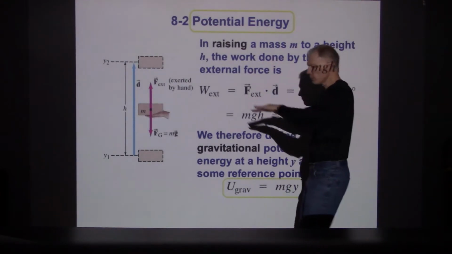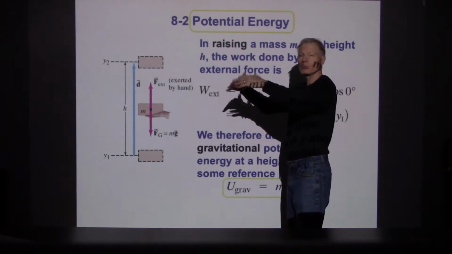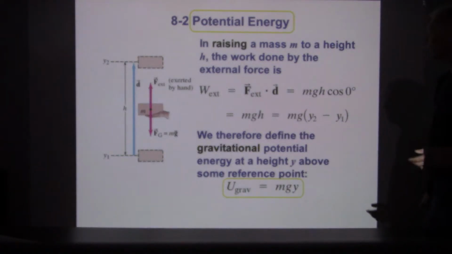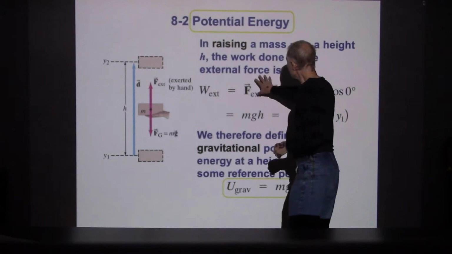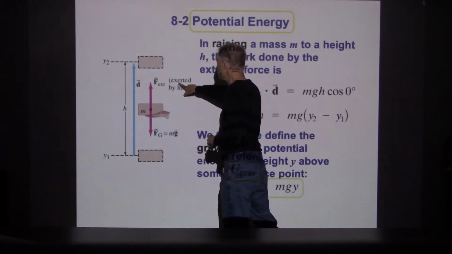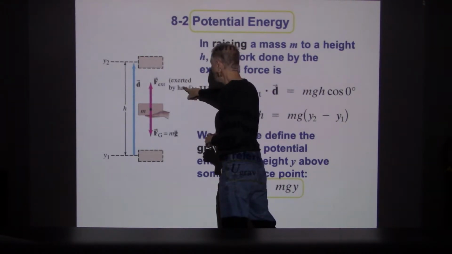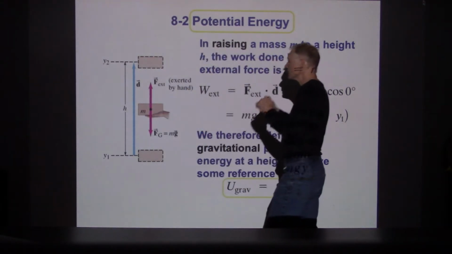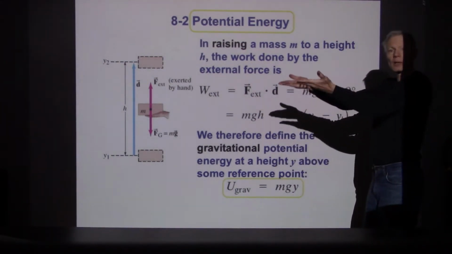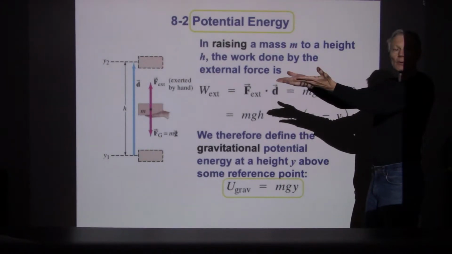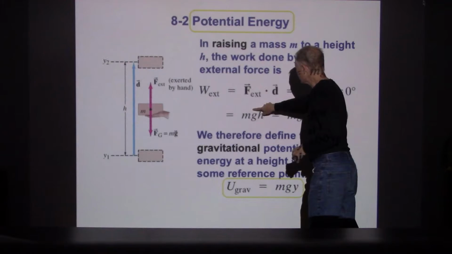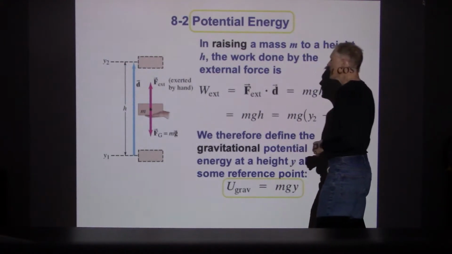If we move this at constant velocity, which is how we worked through these problems in chapter 7, the force we lift with, this external force exerted by the hand, would have to be as large as mg to lift the object at a constant velocity. So the work is the force times the distance, which is mgh.